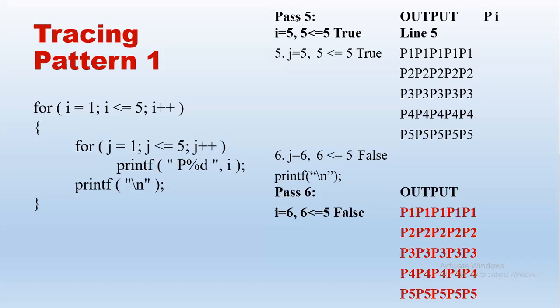Second pattern. So let us see the tracing. So it is all with the value of incrementing each value and checking the conditions, right? So here, okay. So let us see next. We have seen pattern 1 wherein we print 5 rows, with the row number i printed along with P. Whereas pattern 2, let us trace pattern 2.